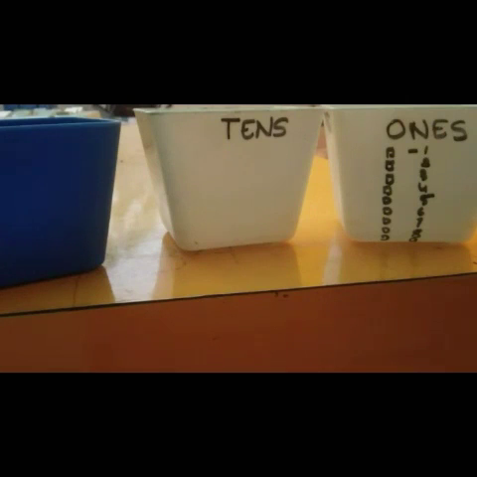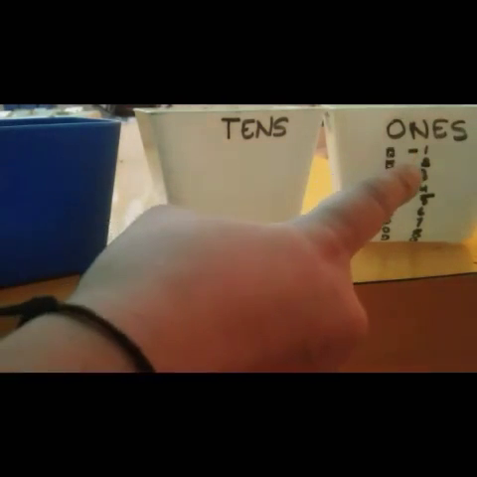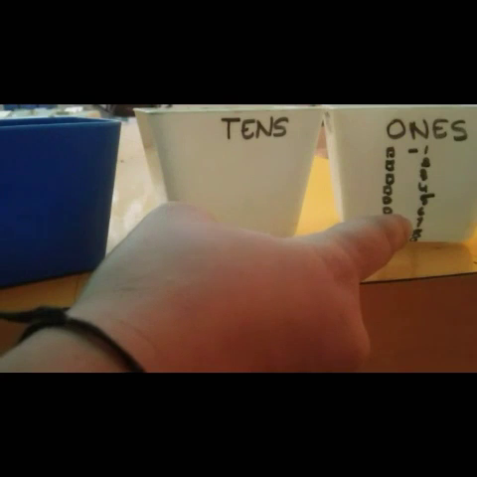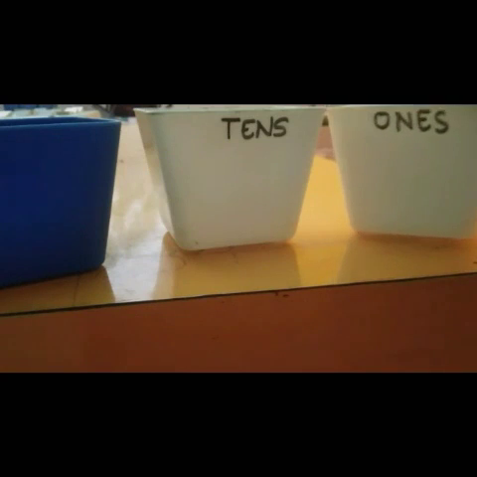See what happens if you put too many into one column. Here's 1, 2, 3, 4, 5, 6, 7, 8, 9 squares that the ones can hold. The minute you add one more, it becomes a bar of 10 and the ones all go away.